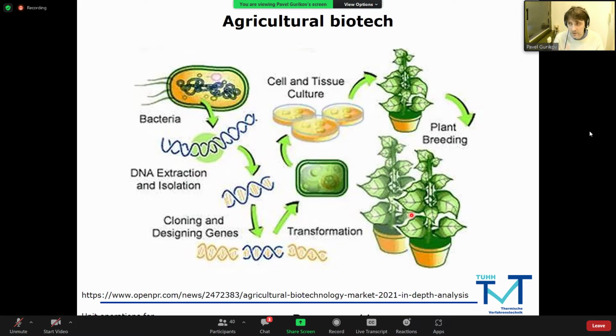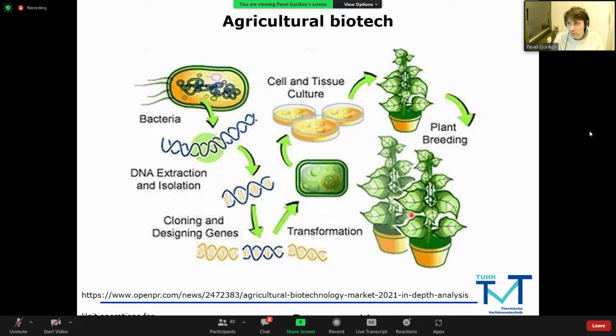For example, if we harvest tomatoes, they are more colorful, and the plants are more stable against diseases. Actually, that's what many people maybe do not consider when they say, okay, I don't want anything genetically modified.